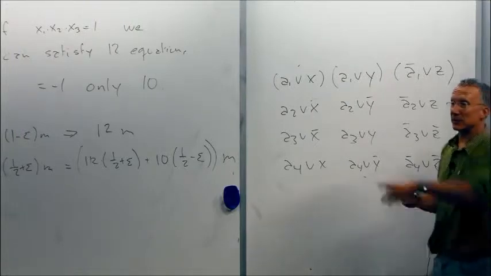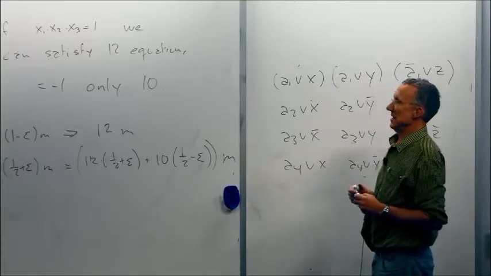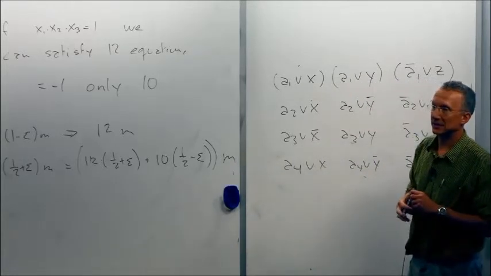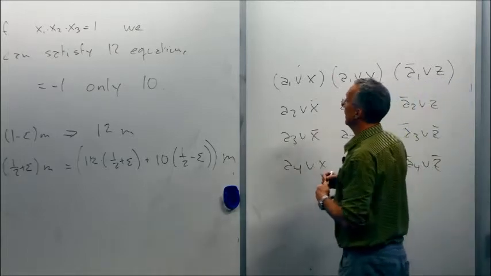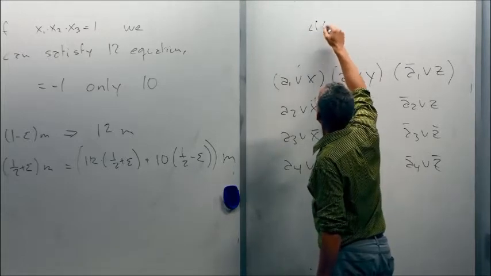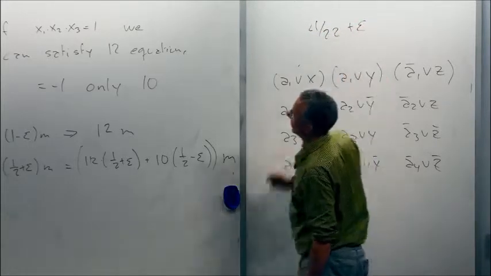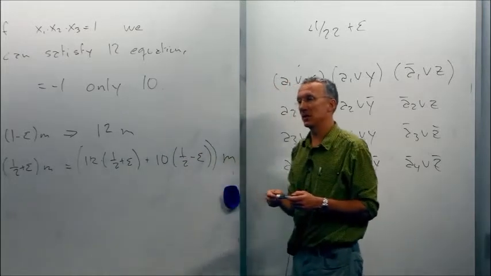Can I get a max cut gadget with the same method? Yes. Yes, you can get the max cut gadget also. So what's the problem in getting a max cut gadget?